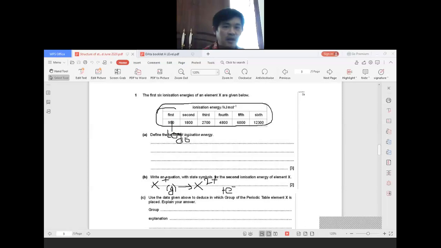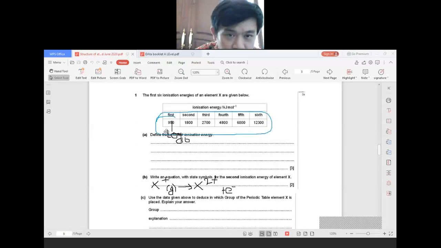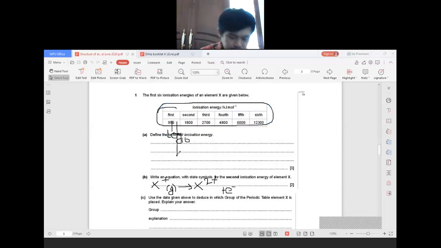So the value of 950, the log of 950, if we use calculator, log 950 equals 2.98.